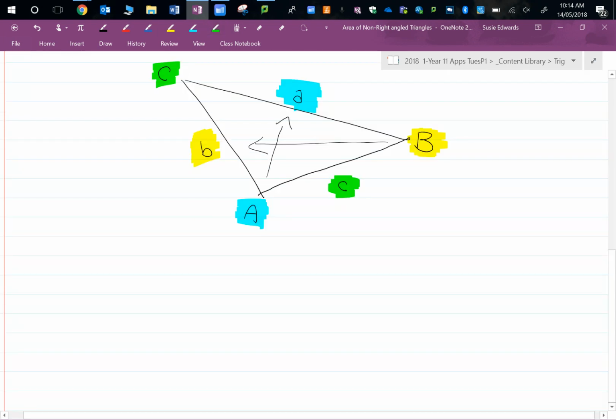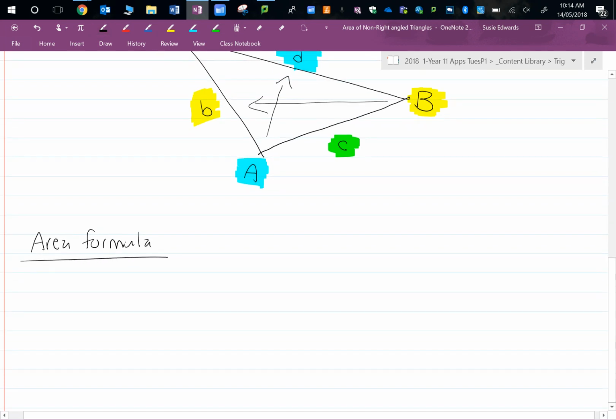All right, so let's have a look at using our area formula. To use the area formula, we need to know two sides and the angle in between.